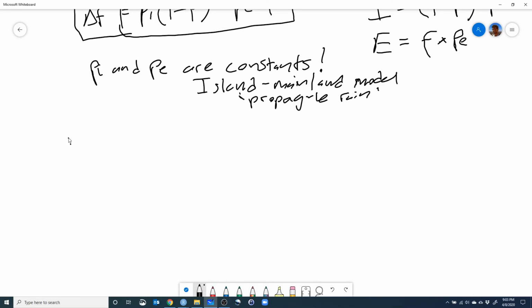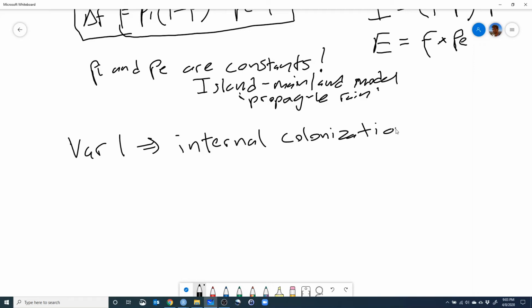So the first variant is called the internal colonization model. All right. And in this model, the probability of an unoccupied site becoming colonized is dependent on the occupancy rate in the metapopulation.